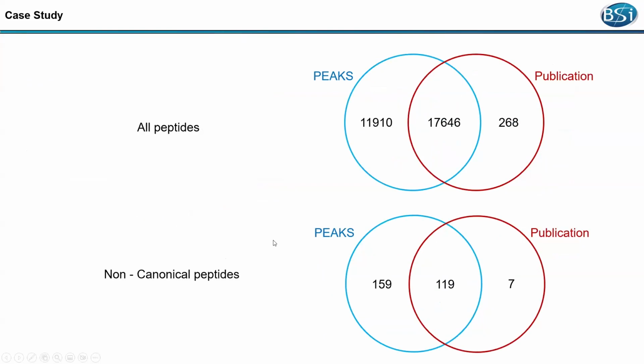With their raw data and provided database, we also ran this project, and PIX 12.5 found most of the peptides in their publication, and even more non-canonical peptides that they did not identify. So this also applies to the non-canonical peptides.